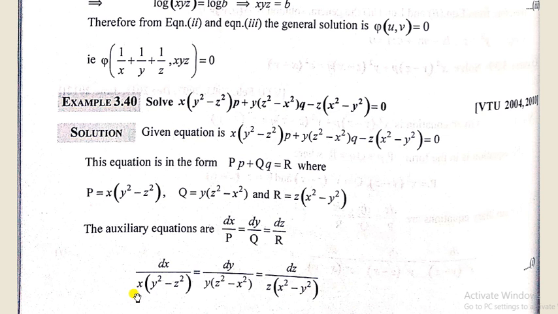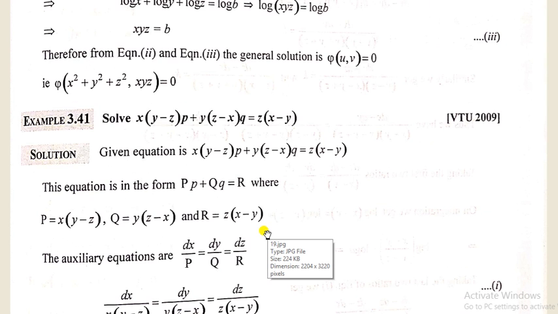If you multiply the first term by 1/x, x and x cancel out. The second term multiplied by 1/y, y cancels out. And the third term multiplied by 1/z, z is cancelled out. Then add y² − z², z² − x², and x² − y². So the denominator term becomes 0.